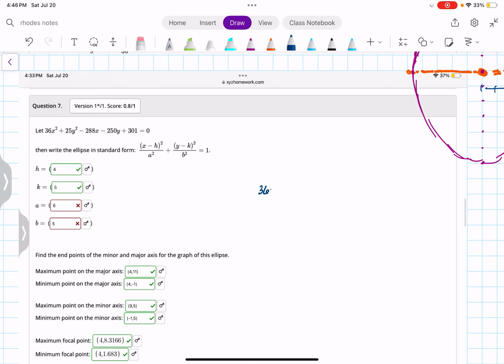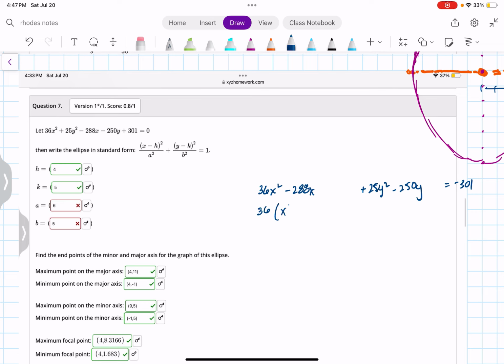So we'll have 36x squared minus 288x plus 25y squared minus 250y equals negative 301. I'm going to take a 36 out.